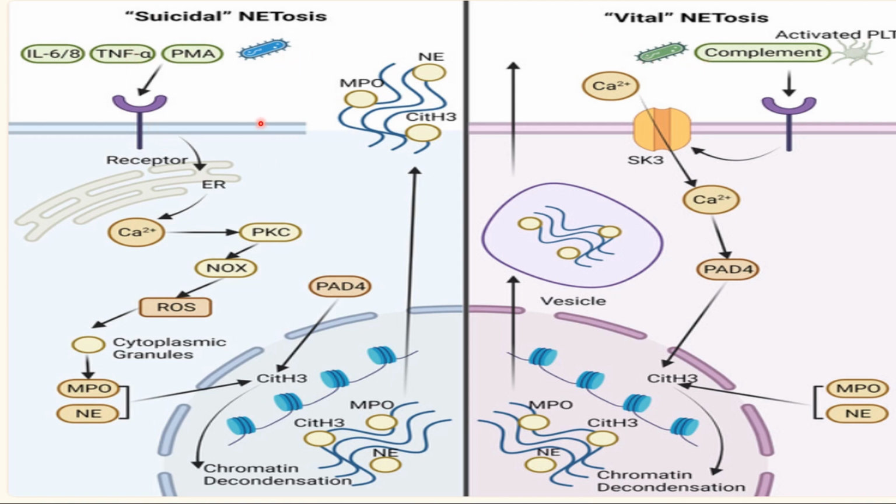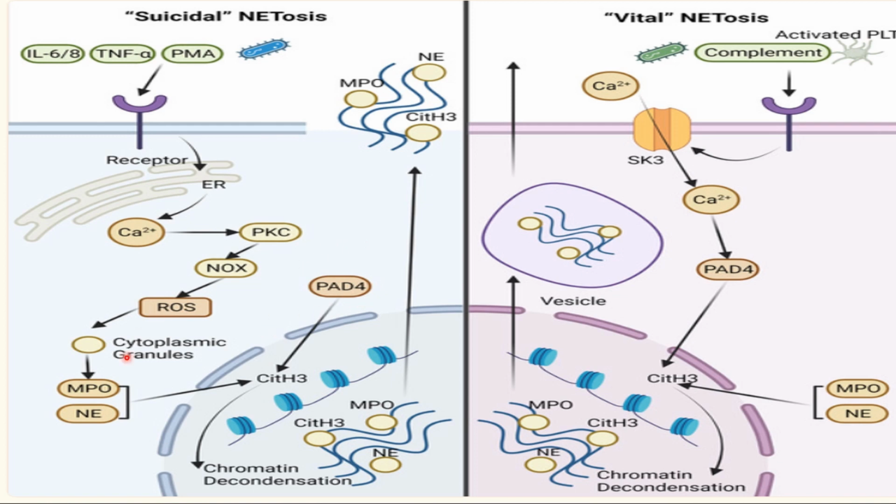So in the suicidal one, neutrophils become stimulated to start the process of netosis through different stimuli that will lead to the endoplasmic reticulum releasing its calcium inside the cell, increasing calcium concentration, and this calcium will activate the NADPH oxidase enzyme through activating protein kinase C, and then we get the oxygen burst, or formation of active oxygen species, that will lead to degranulation of cytoplasmic granules and the release of their contents like myeloperoxidase and neutrophil elastase. And also increasing calcium concentration will activate PAD4.